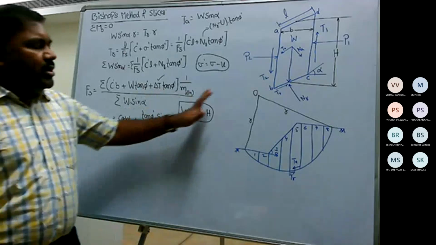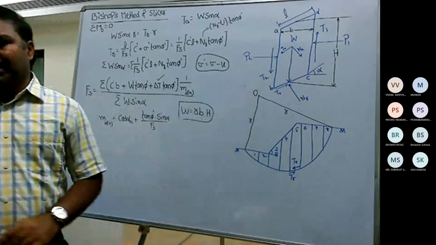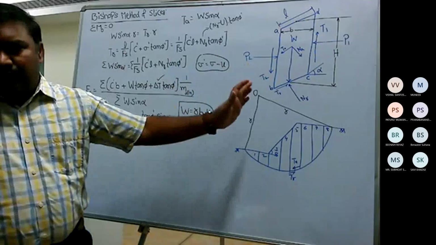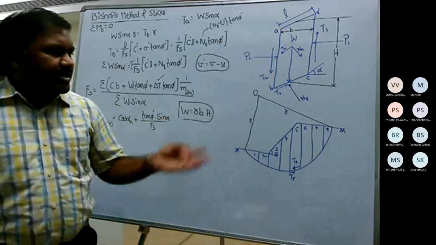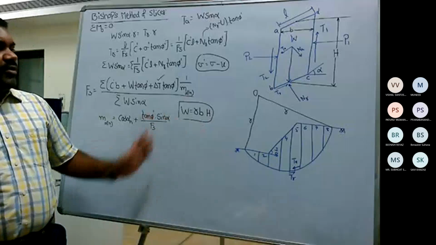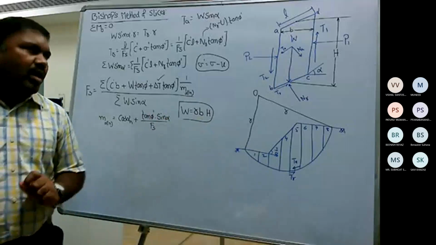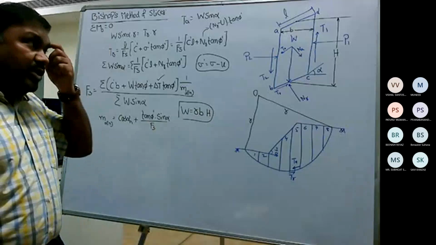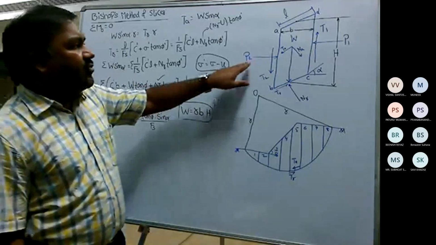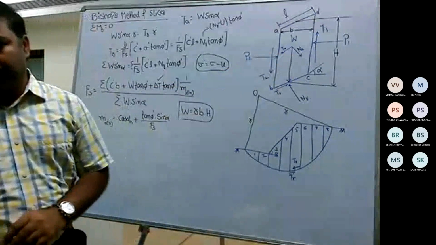But this is only the horizon of the method of slices. Beyond that, several people did work and proposed several methods based on the method of slices to determine the factor of safety. The fundamental attempts were made to refine the calculation of P1, P2 and T1, T2.